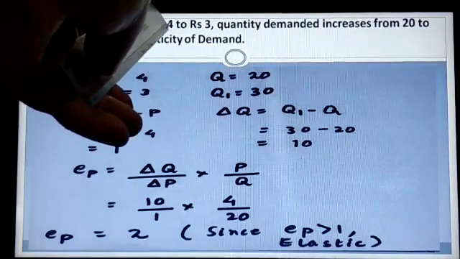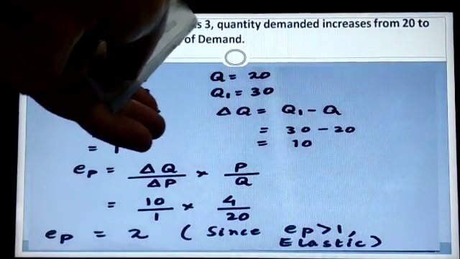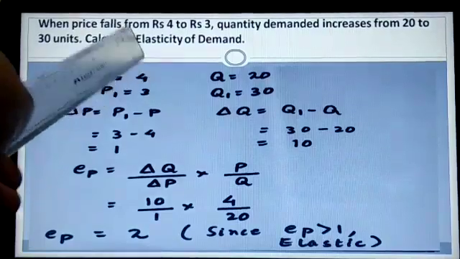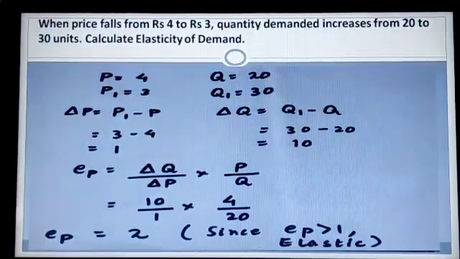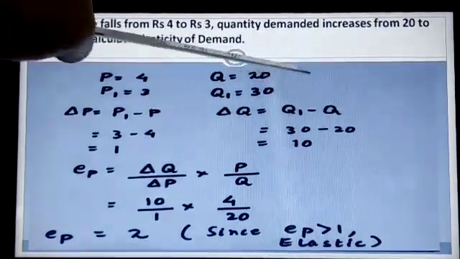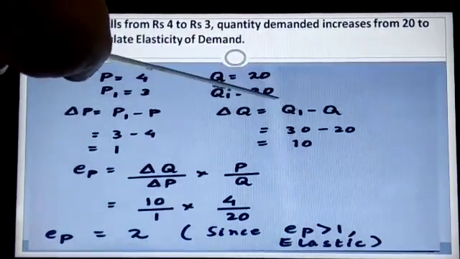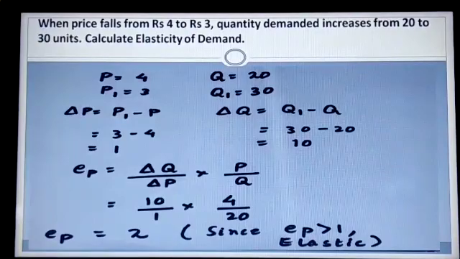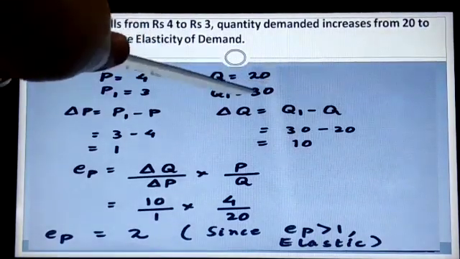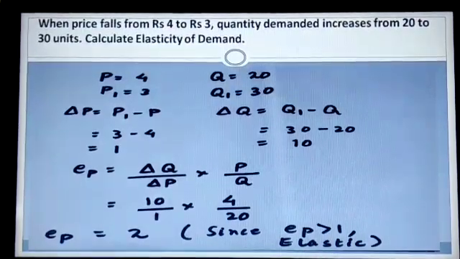This is the old price, this is the new price. Quantity demanded increases from 20 to 30. Q is 20, the old quantity, and Q1 is the new quantity, that is 30.